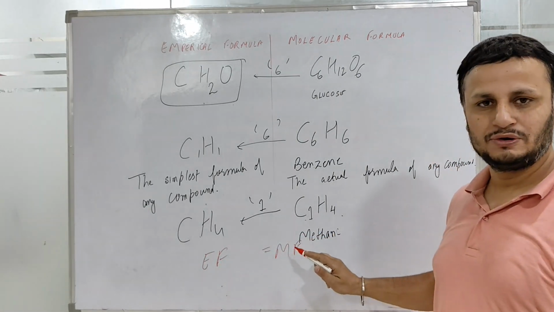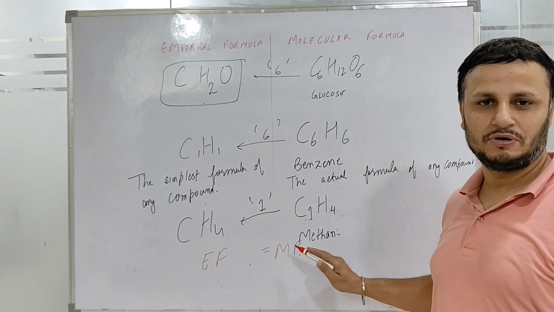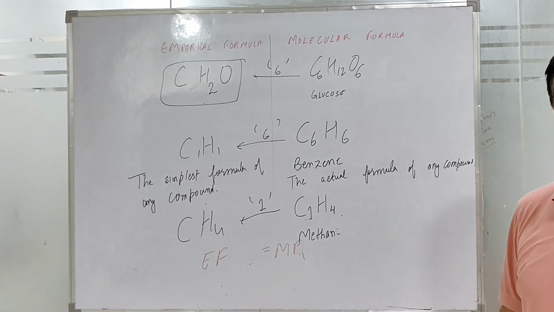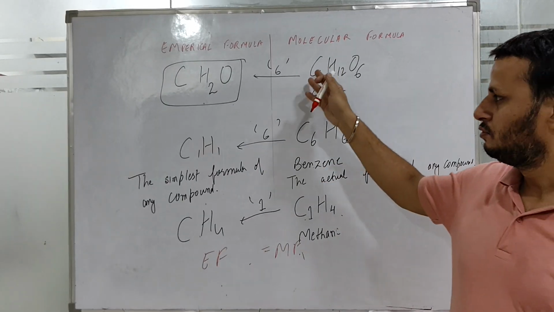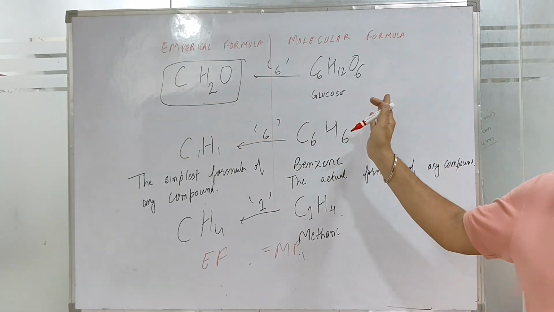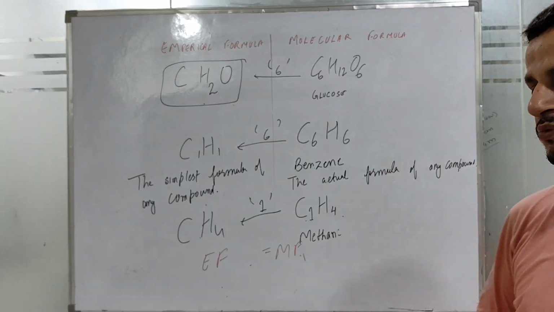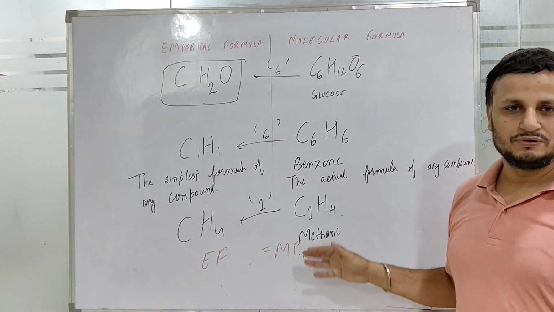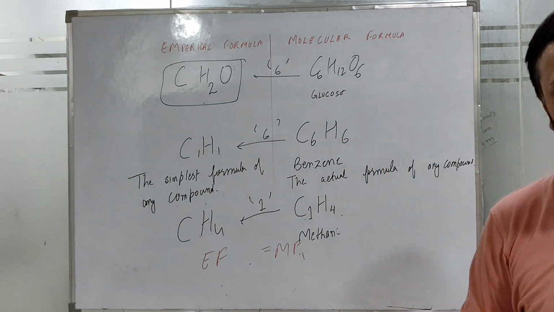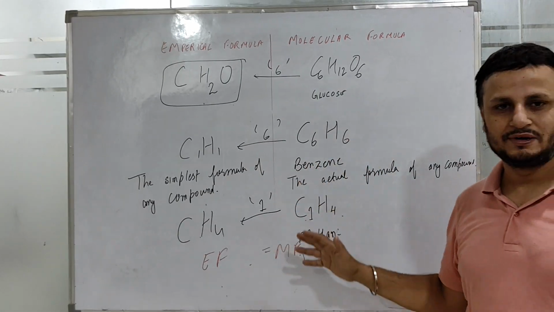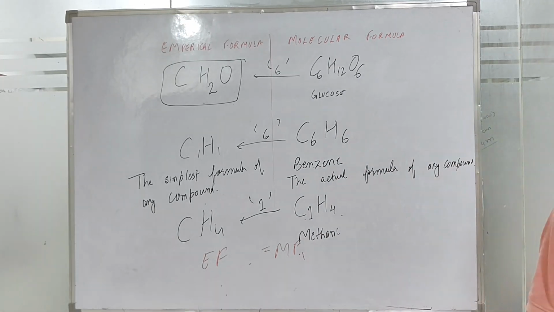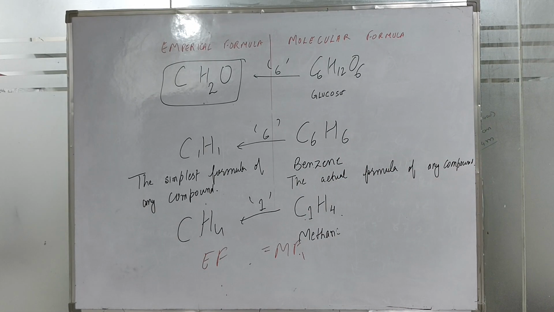Empirical formula, molecular formula can be same also. So what is empirical formula and what is molecular formula? So this is the only concept, and now we are going to do numerical on it. So you make note of it.